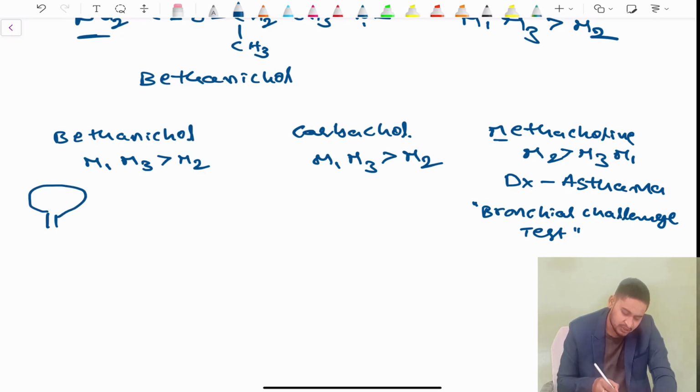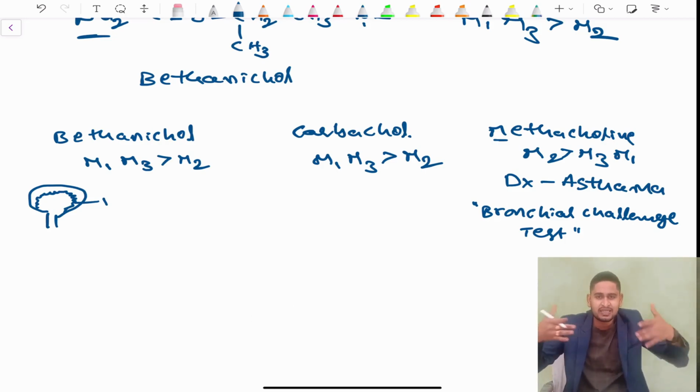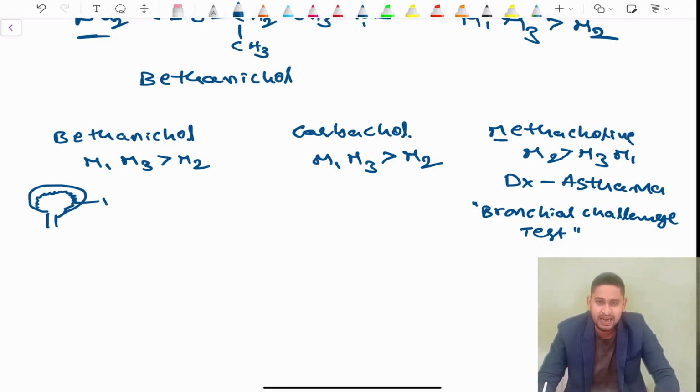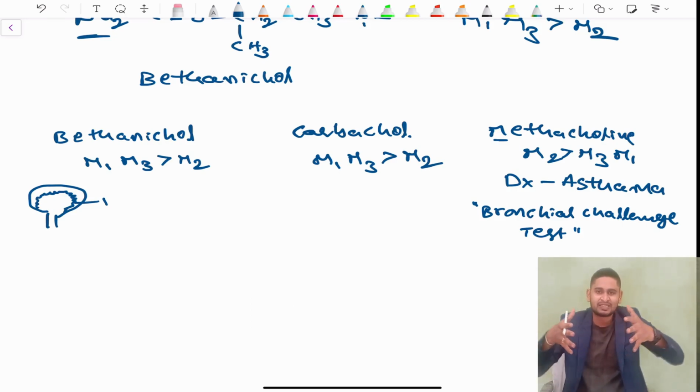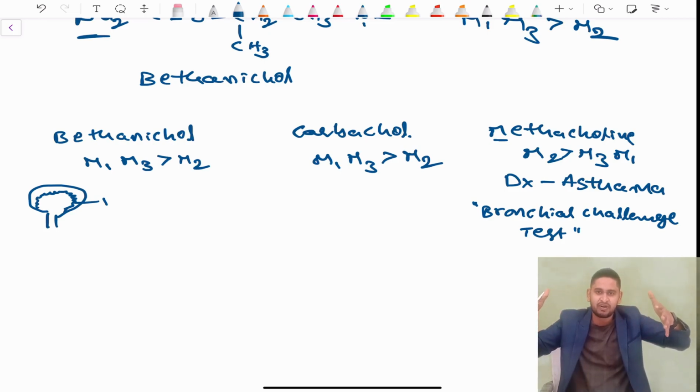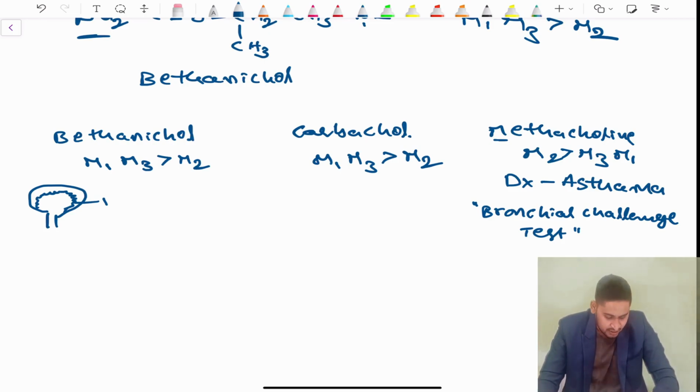This urinary bladder possesses a particular muscle called the detrusor muscle. Whenever urine fills into the bladder, the detrusor muscle will be stretching for more accommodation.